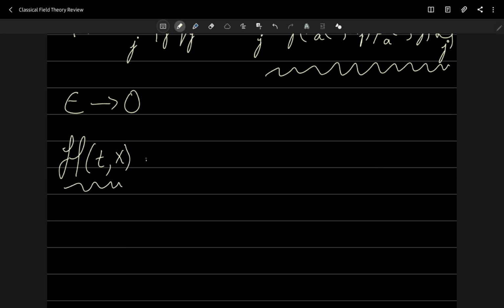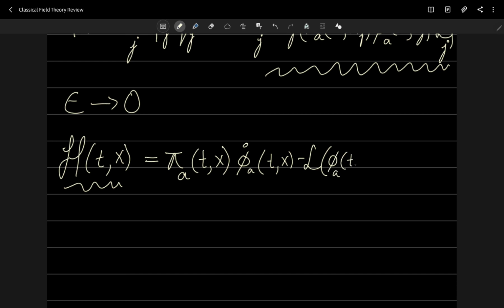This is the Hamiltonian density, which is this momentum density times phi dot^a(t, x), minus this Lagrangian density, which is a function of phi^a(t, x) and the derivative, which is partial_mu phi^a(t, x), right?